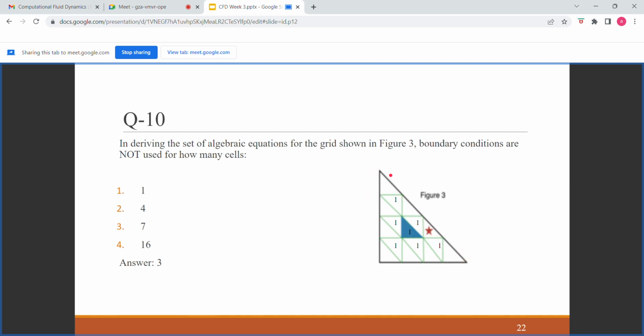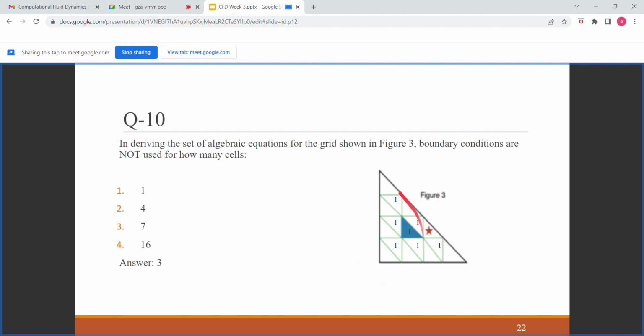So leaving out this cell, this cell, this cell, this cell, and this cell, all these cells, and marking only those cells that are not using boundary conditions, we can get 1, 2, 3, 4, 5, 6 and 7 cells.